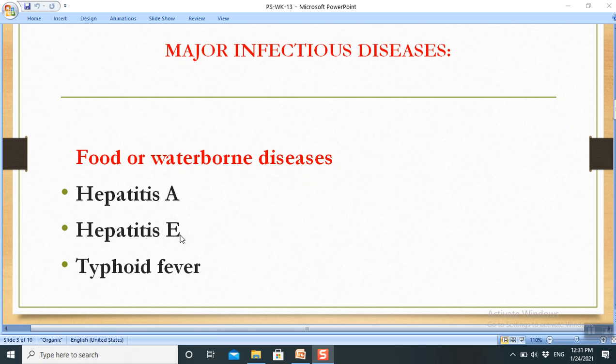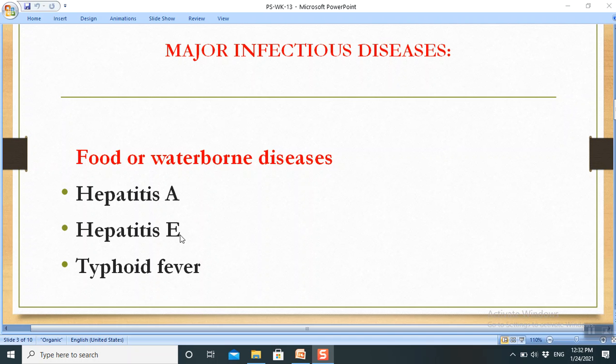Then typhoid fever. It is a bacterial disease and it happens because of impure water or food, and the patient feels high fever plus shivering of the body, sometimes cold.